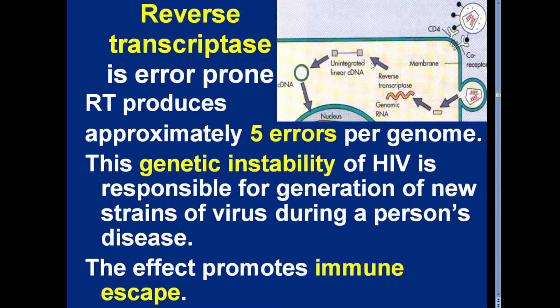It's an effective mechanism for escape from the immune response. If genes change very often and, as a result, the antigens of the viruses change, it gives the ability to escape recognition by the immune system.